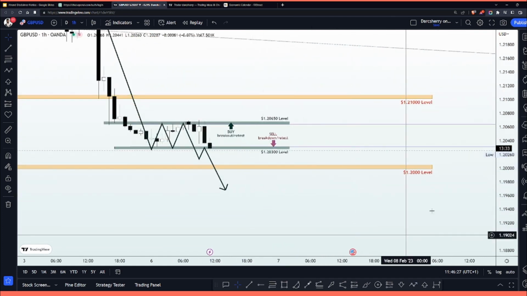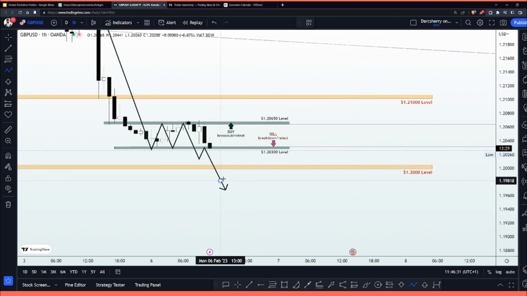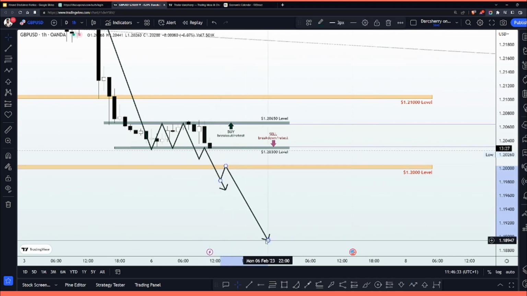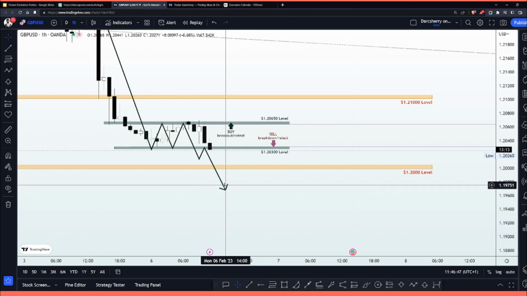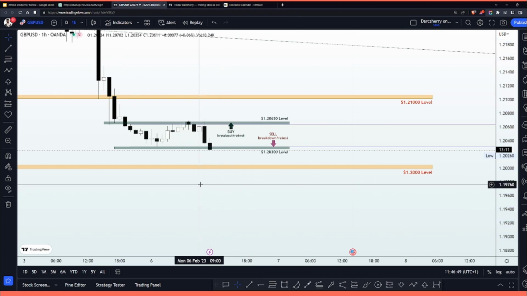And if a further breakdown of the 1.200 level happens, we want to be thinking of adding more position to our existing trade on the GBPUSD. So the current structure supporting the sell momentum here has a tendency of giving us multiple entries if we are conscious enough to be on standby to catch these opportunities.